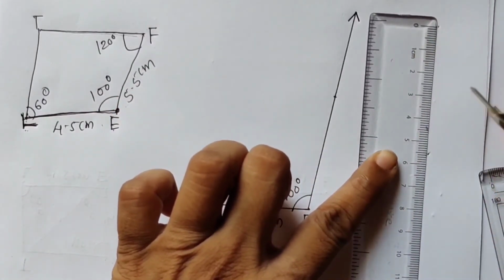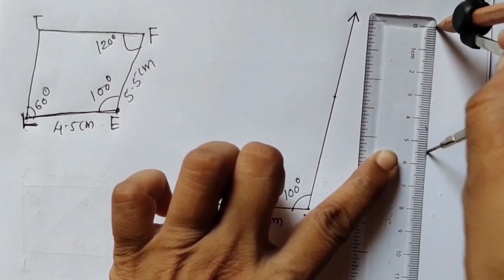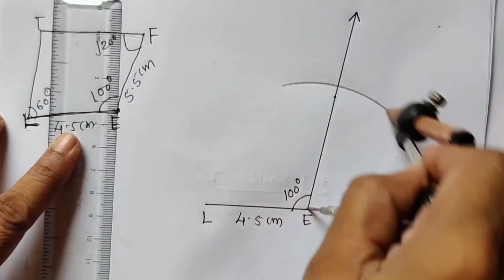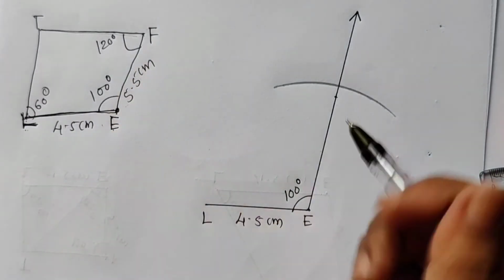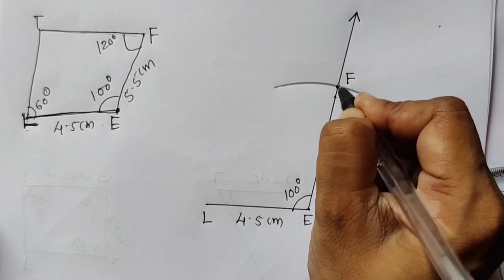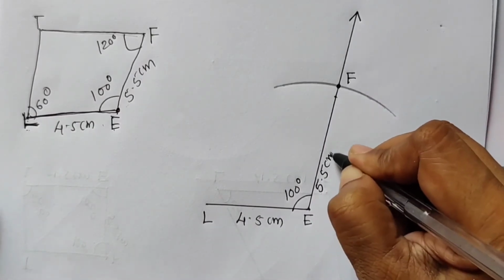Either you can say compass or rounder. This is 5.5. Okay, put this pointer on E and draw an arc. In this way you can draw an arc, and you can fix the position of point F. We have fixed the point F. In this way we have got point F here. Make it dark, and this is 5.5 centimeter.